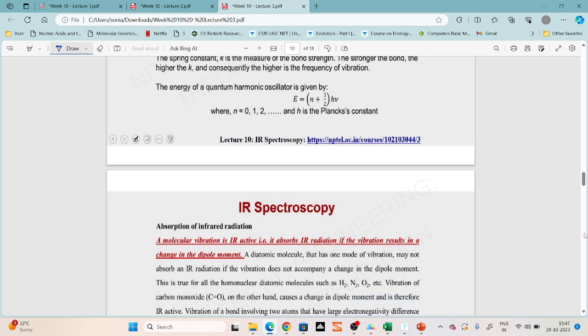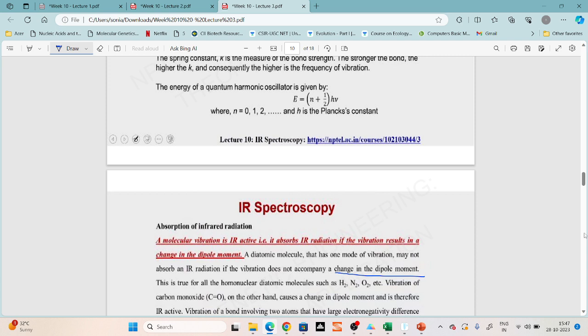So basically, if you have a diatomic molecule, meaning a molecule which has two atoms, that has one mode of vibration, it may not absorb an infrared radiation if the vibration does not accompany a change in the dipole moment. If there is no change in dipole moment, then the molecule will not be infrared active.